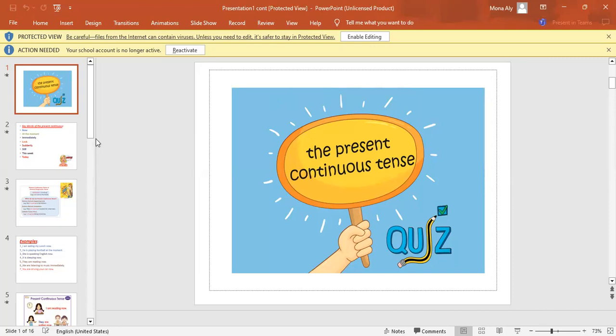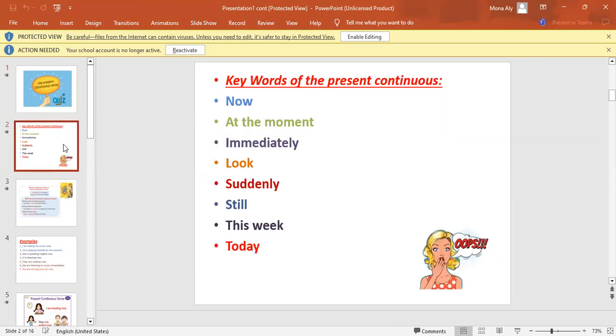What's the present continuous? The present continuous is an action that is happening now, at the moment, immediately. These are the keywords of the present continuous. It means something happening now. Now I'm speaking. Now you are listening.